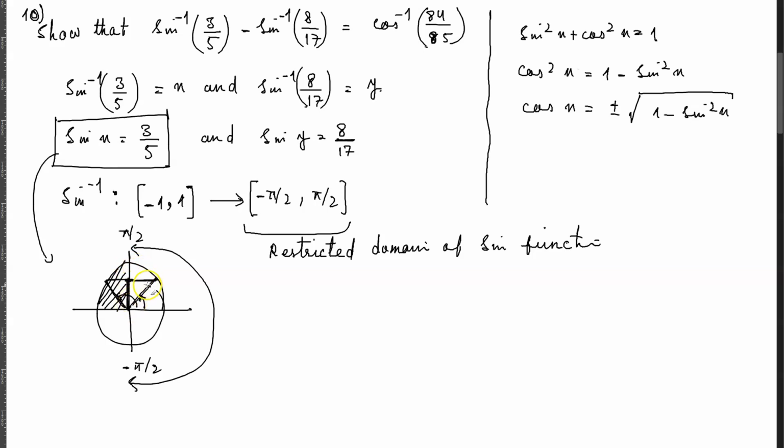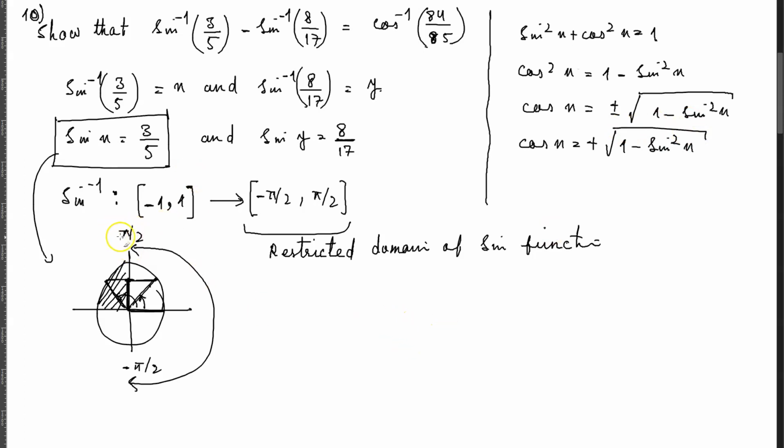Now if the angle is in the first quadrant, then of course the cos of the angle is positive, meaning that I can write my equation as the cos of x is equal to positive square root of 1 minus sine squared x, and the problem is solved.